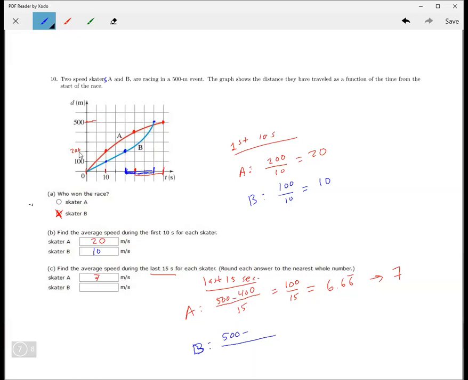When their last 15 seconds began, they had only covered 200 meters. Of course, 15 seconds went by. Since we said it's the last 15 seconds, it's just going to be 15. So that's 300 divided by 15, which is 20.